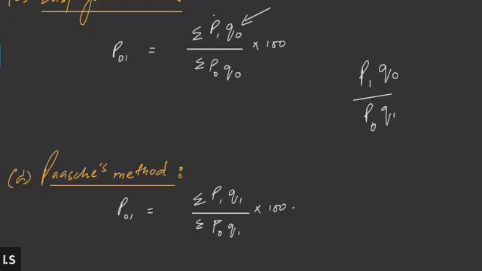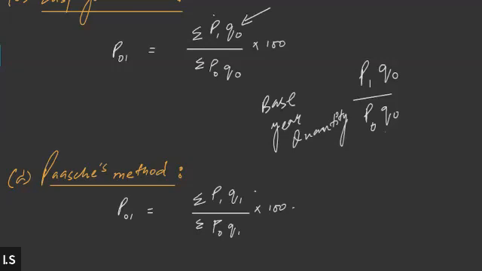So P1 is multiplied with Q0, and P0 is also multiplied with Q0. We always remember that Laspeyres gave importance to the base year quantity. He is of the opinion that we should construct the index number considering the base year quantity. Therefore, he multiplied the current year prices with the base year quantity as well as the base year prices with the base year quantity.